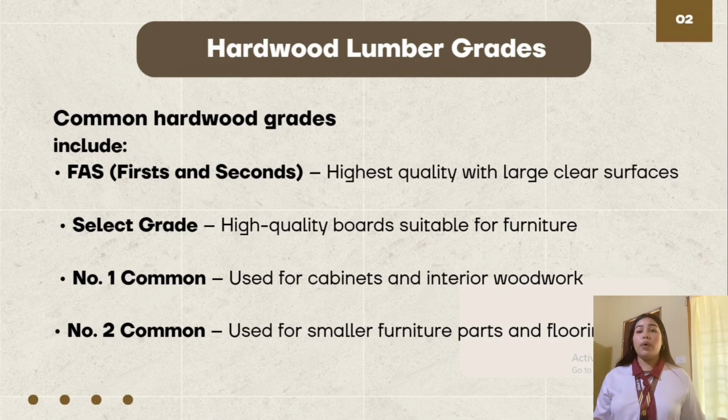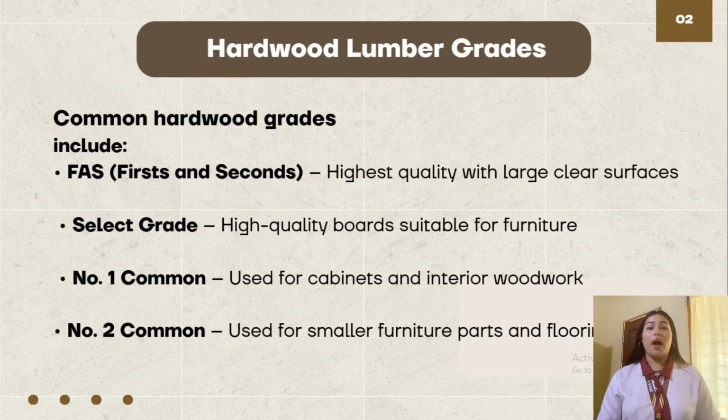It has high quality boards suitable for making furniture. And then next is the number 1 grade, good for cabinets and interior woodwork. And then next is the number 2 grade, used for smaller furniture parts and flooring. In choosing the right hardwood grade, it depends on the project.